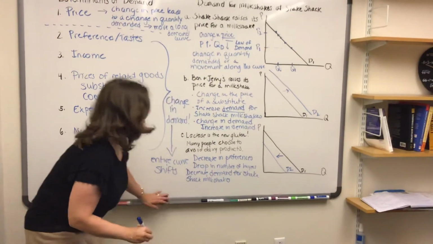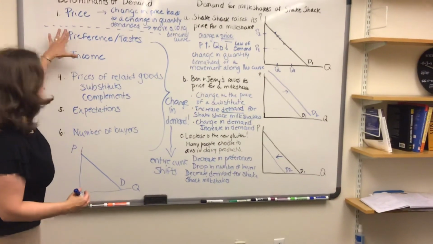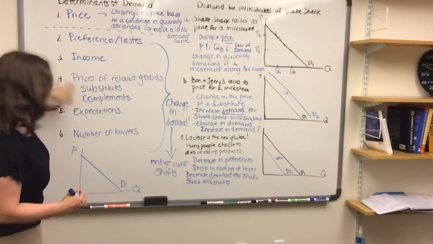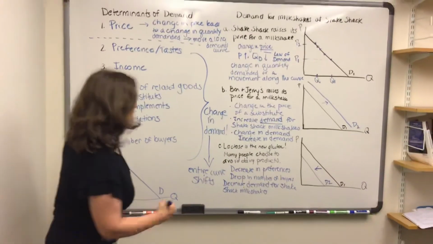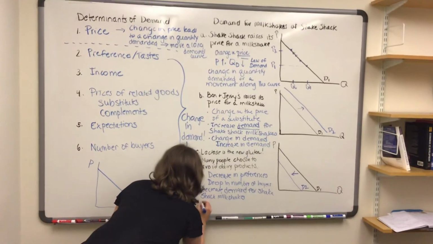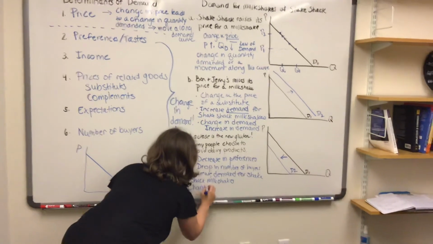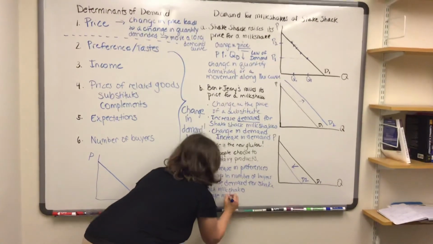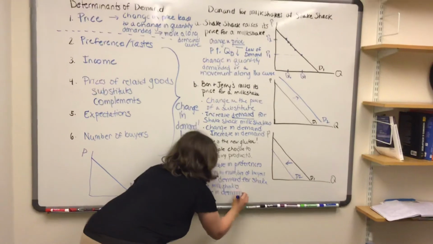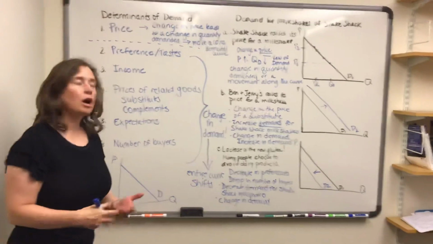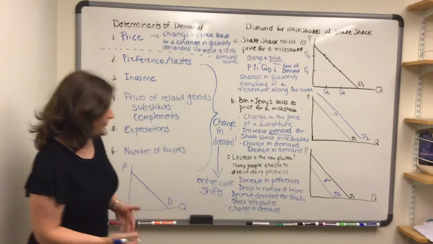And as in the example above, because we're not changing the price, but we're focusing on a different determinant, that would translate into what we call a change in demand. And that's going to lead us to draw a new demand curve.